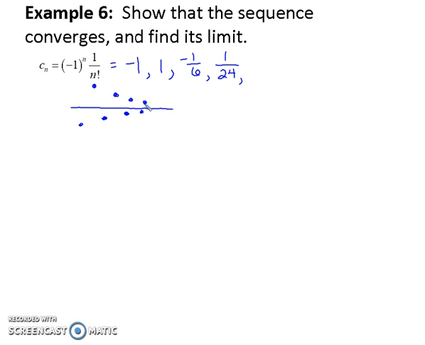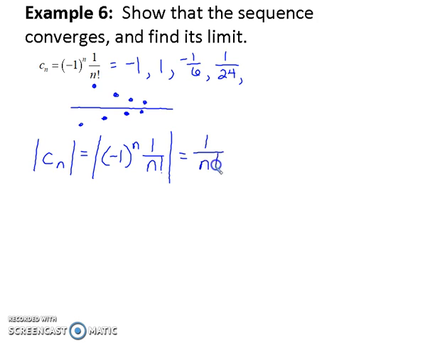But let's see how I can use the absolute value theorem to show that. If I take the absolute value of this expression, really all that does is get rid of the -1. So this is just 1 over n factorial, because the negative would never happen with an absolute value.